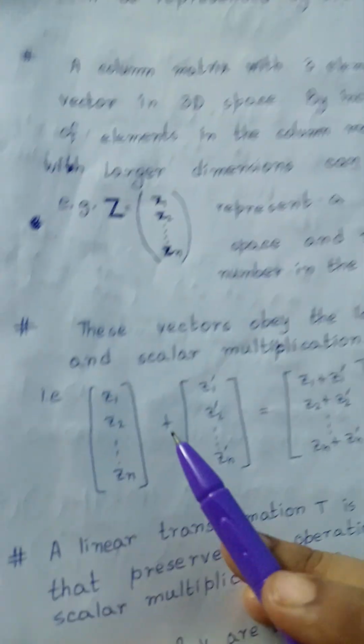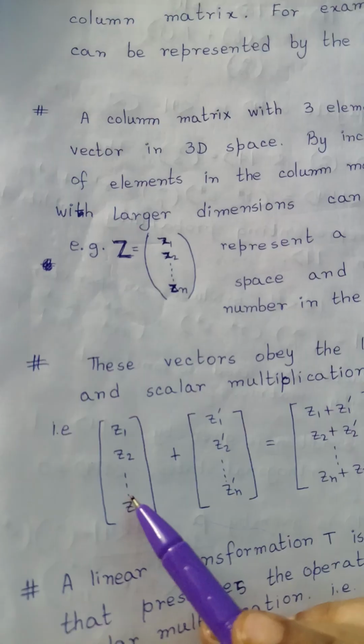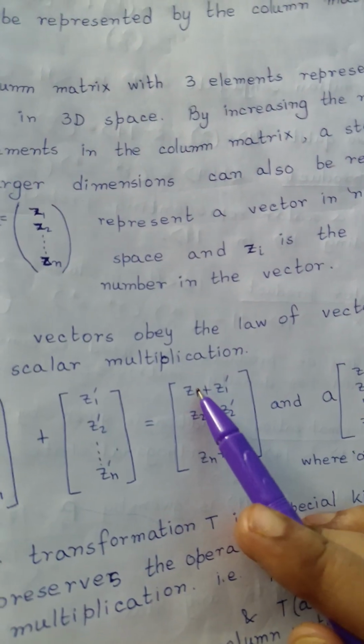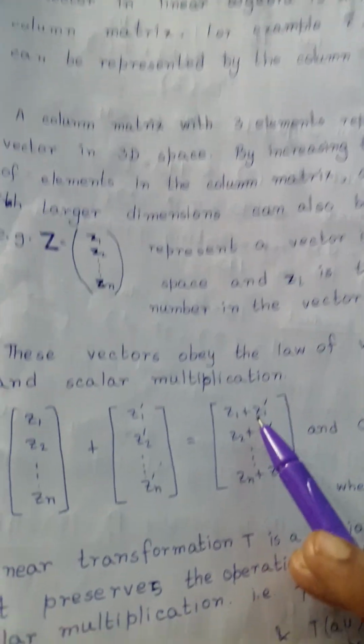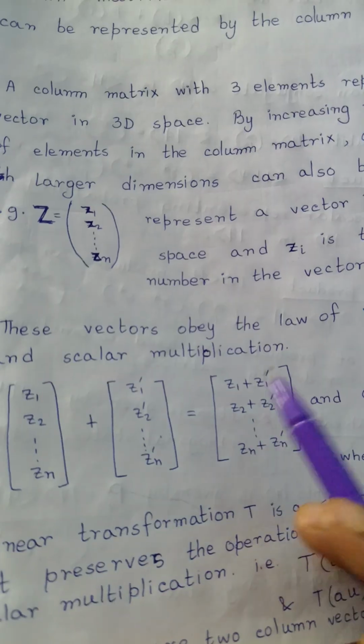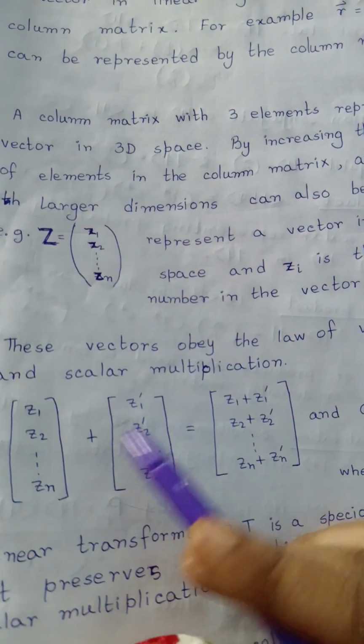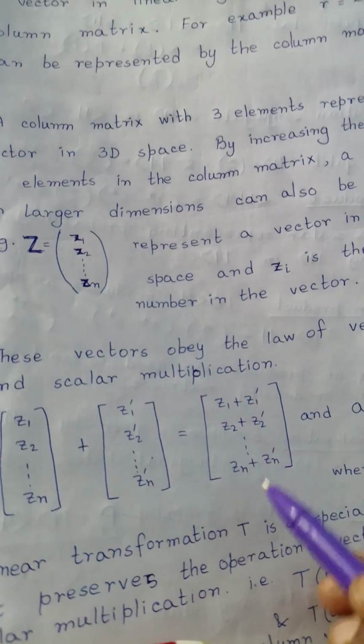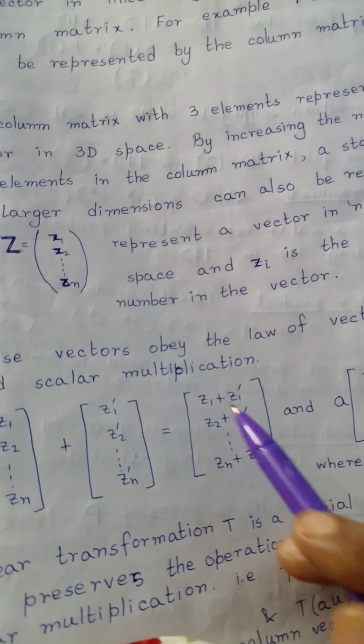So the same thing has been represented here. When we add two column matrices corresponding to two state vectors, the addition will occur component by component. Each component will be added, and that will correspond to the components of the result.